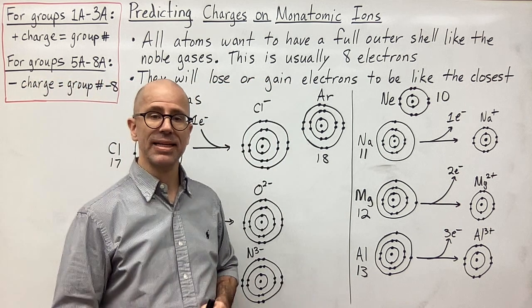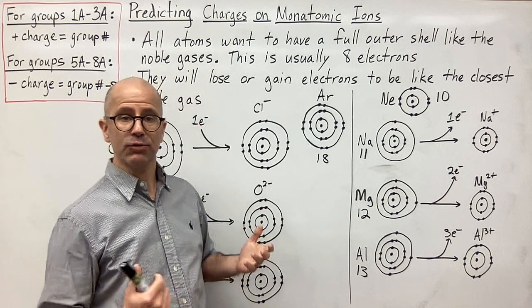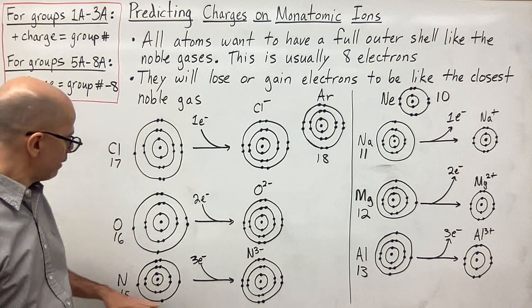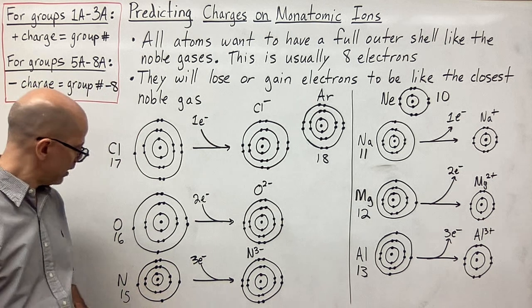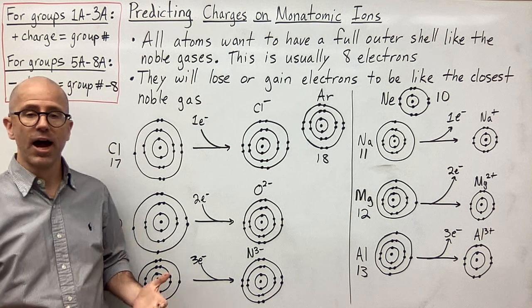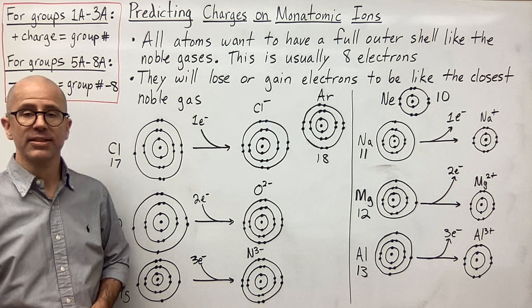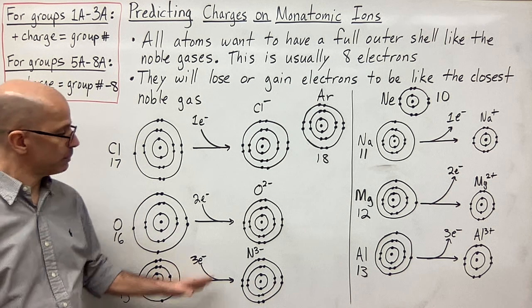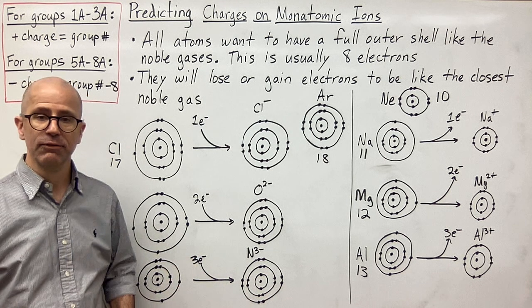So 6 minus 8 is going to be -2. So that's the charge on oxygen. And then finally with nitrogen, you get group 5. So nitrogen group 5, 5 minus 8 is -3, just like what we saw here. So it gains 3 electrons to be like the noble gas, so it has a -3 charge.